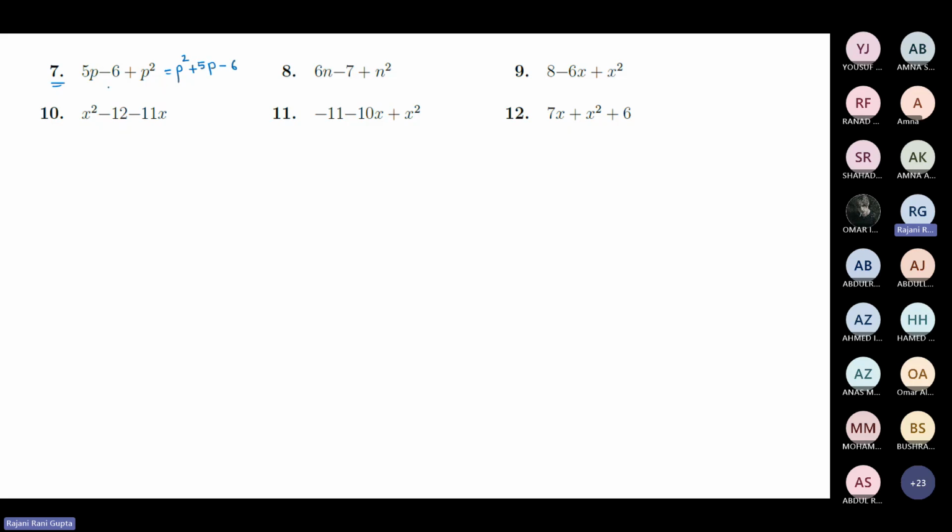And then start making factors. Same thing here. Make it x squared minus 10x minus 11, and then make factors. Even here, you have to rearrange the terms first before starting factoring.